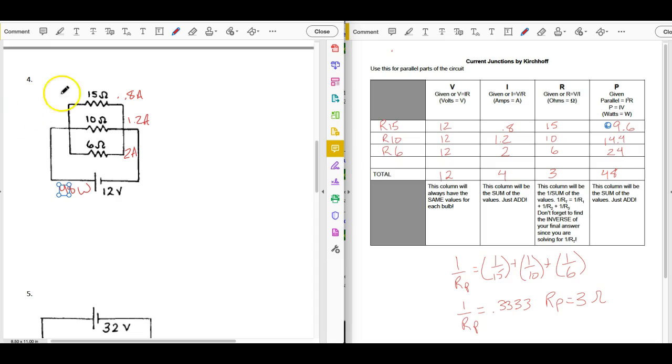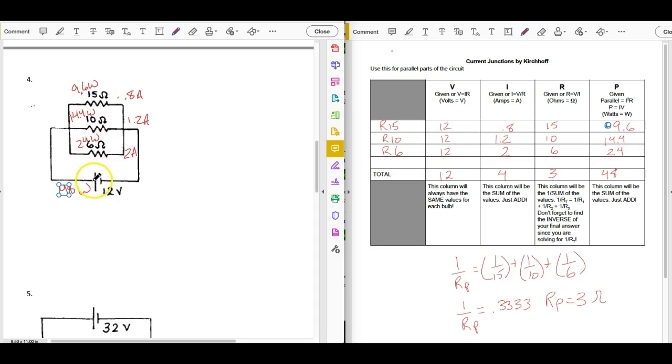We also know that over here, in the 15, we get 9.6 watts. We know in the 10 ohm, we're going to get 14.4 watts. And then finally, in the 6 ohm, we're going to end up with 24 watts. So we know the power in each one of these.